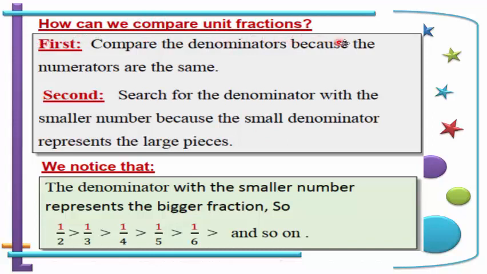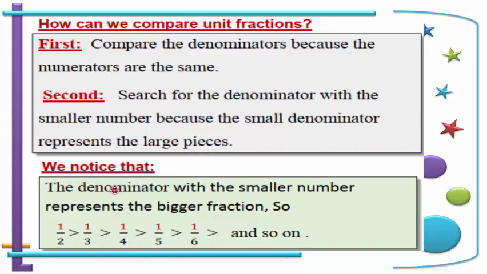How can we compare unit fractions? The first step, compare the denominators because the numerators are the same. The second step, search for the denominator with the smaller number because the smaller denominator represents the larger parts.